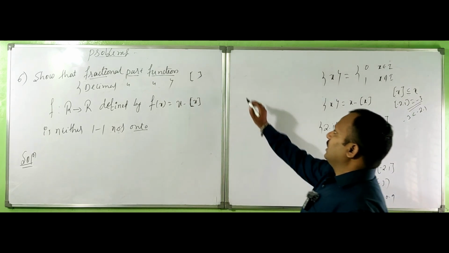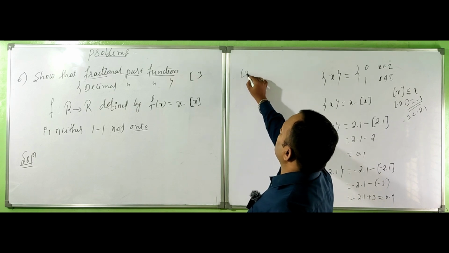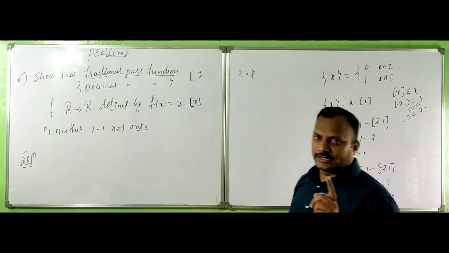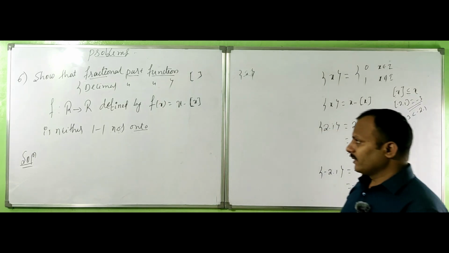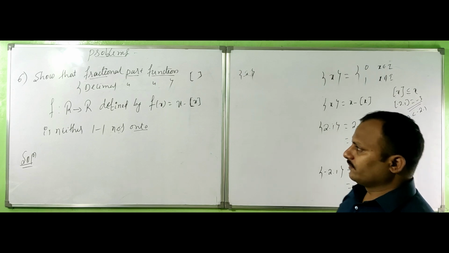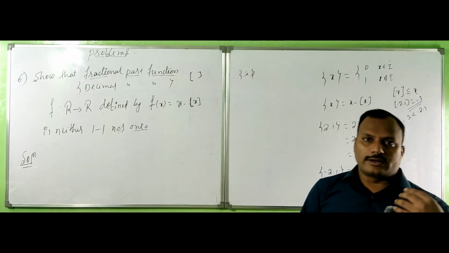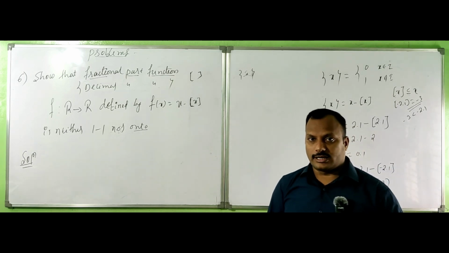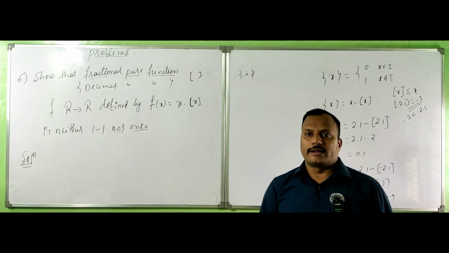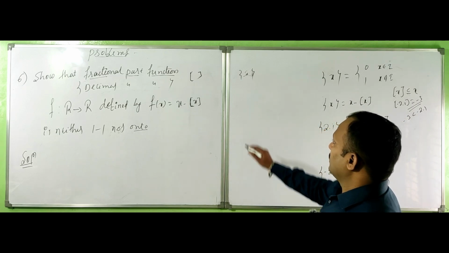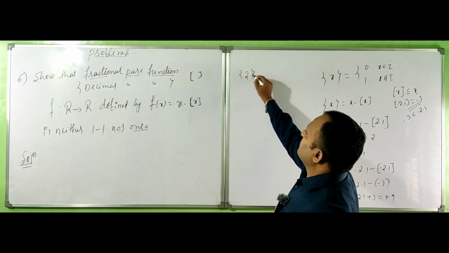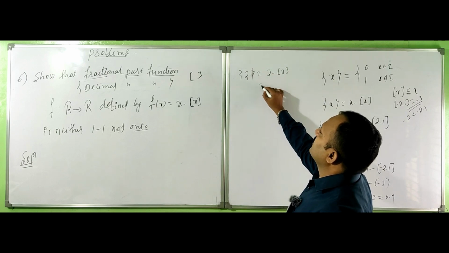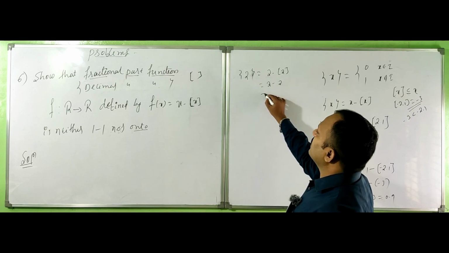Now take the value 2. In general questions you can use mechanical methods and skills to get the result, but in these questions you have to have a basic idea. The decimal part function of 2 is 2 minus the integer part function, 2 minus 2, which is 0.